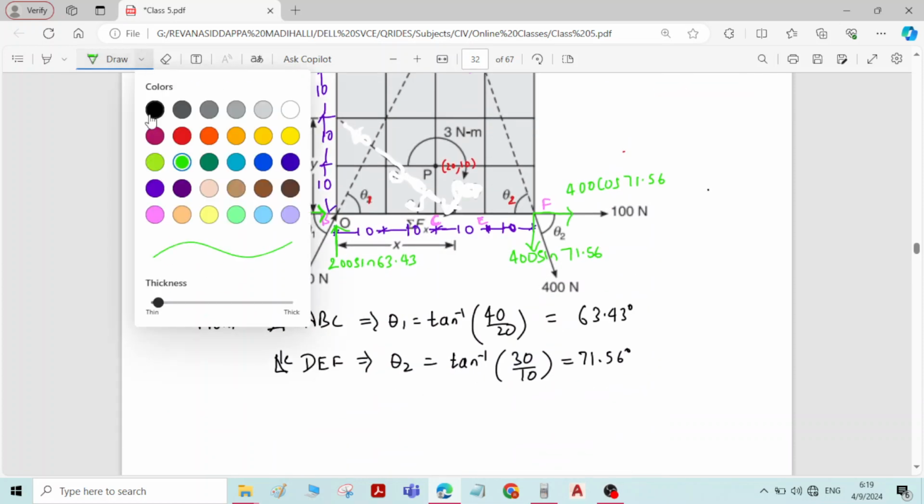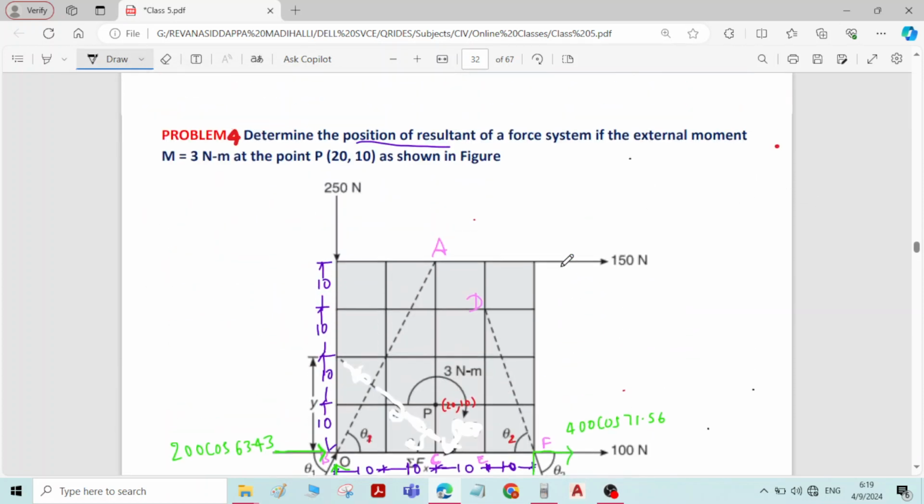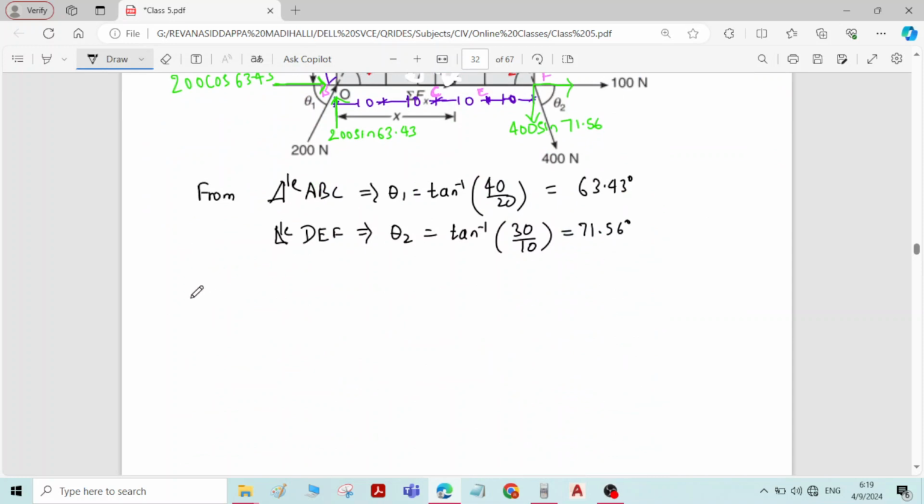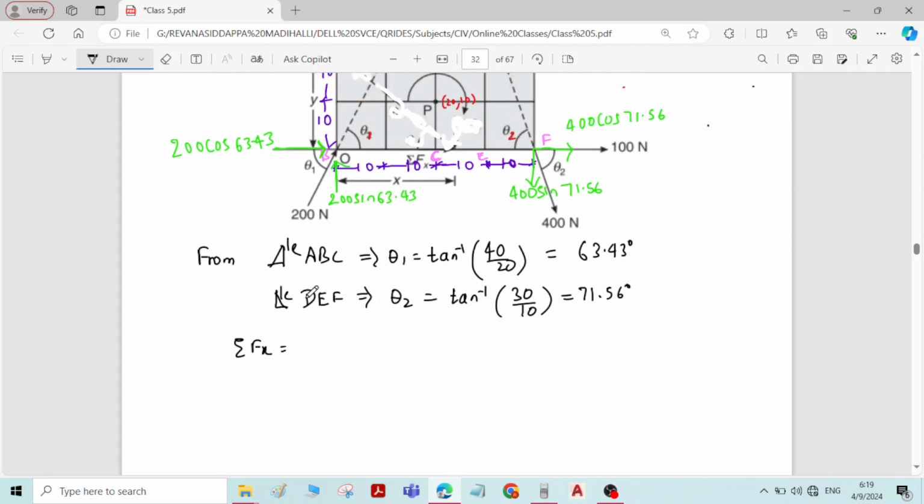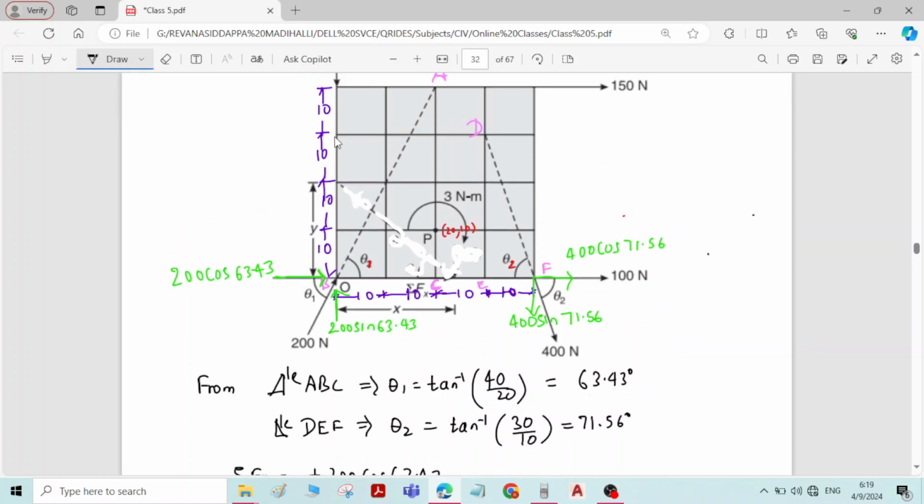Next step is to calculate the magnitude of the resultant force. For that we need sigma Fx, sum of forces in x direction: plus 200 cos 63.43, it is acting in right direction, sign is plus.